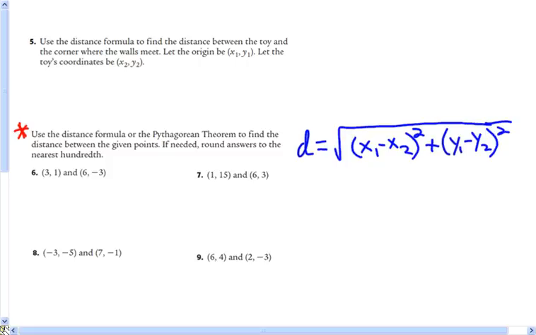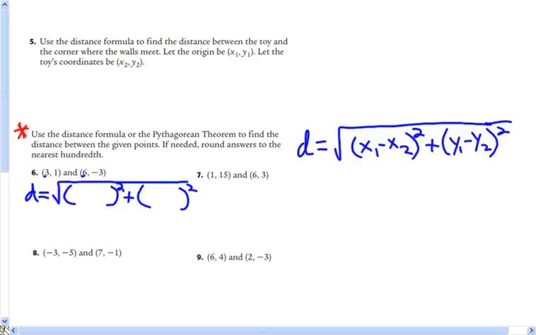So let's try it here on number 6. So distance equals square root, and in the first parentheses, there's a squared there, and there's a second parentheses and a squared there. We are going to subtract 3 and the 6.